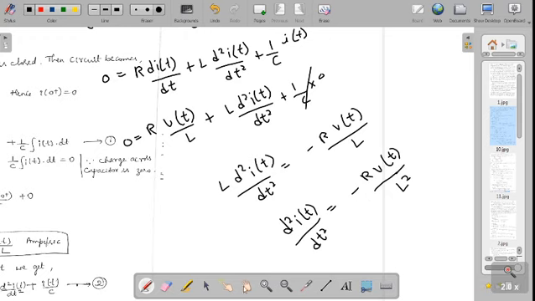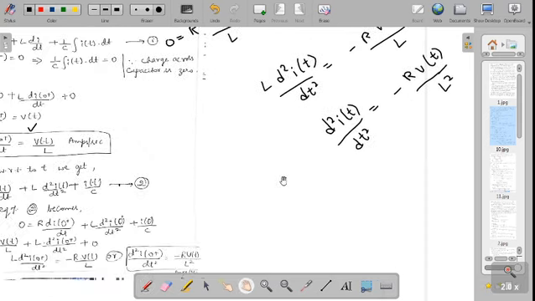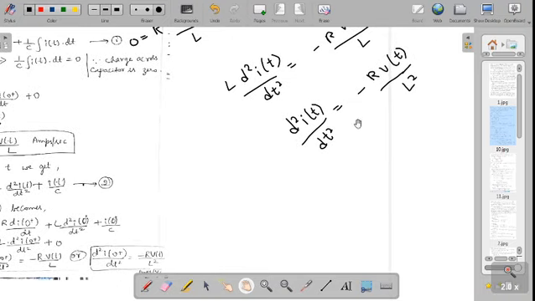This is your second derivative of the current.